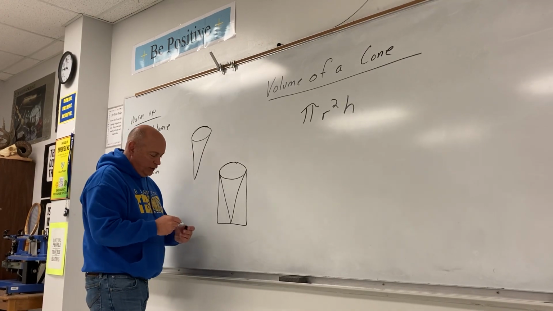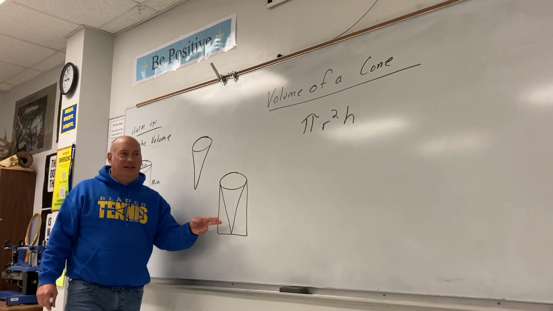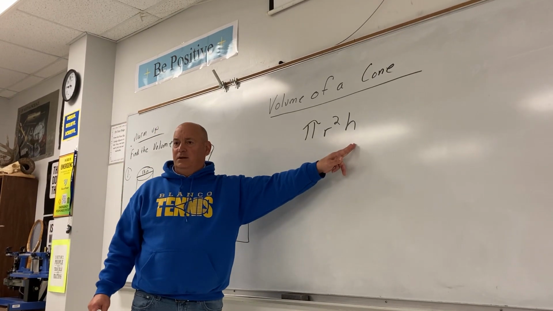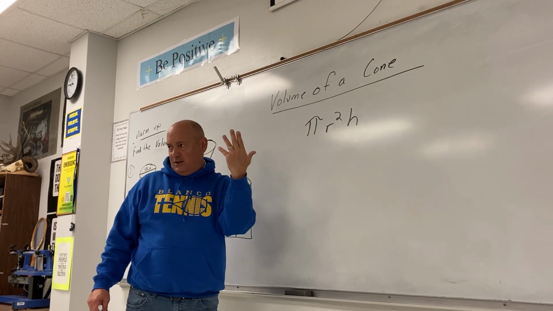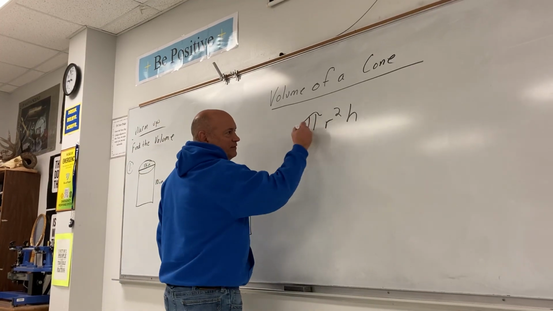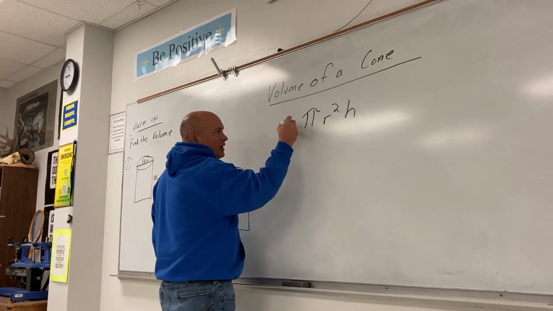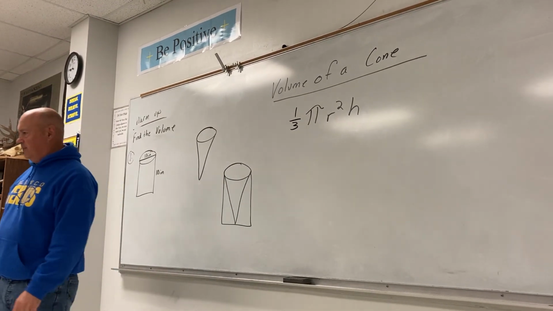Okay, so the volume of a cone is related to a cylinder. Isn't that the cylinder's formula? But it's just not as big. How many cones did we say will fit in there? 3. So we need to take this formula for the volume of a cone and only take 1/3 of it. Are you with me?